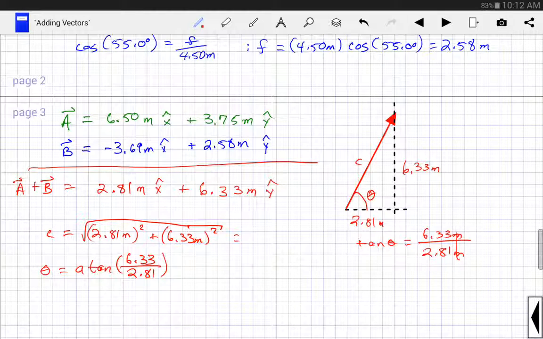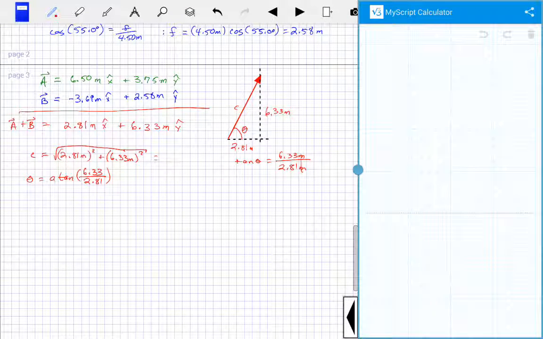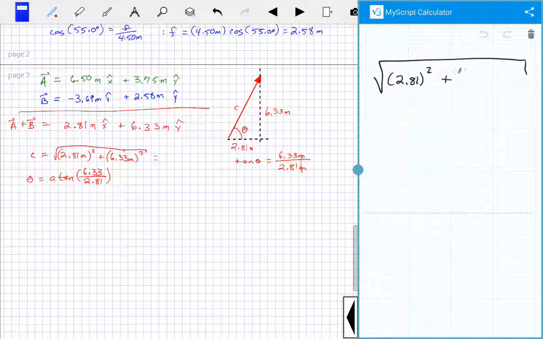So now I just need to pull up the calculator one last time, and I have C is equal to the square root of 2.81 squared plus 6.33 squared. Oh, come on. That should have worked. Calculator's not happy with me today, apparently.